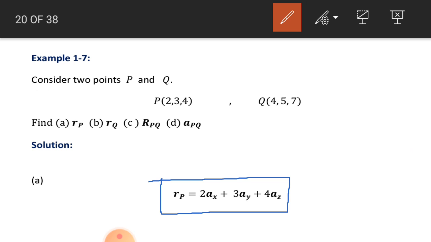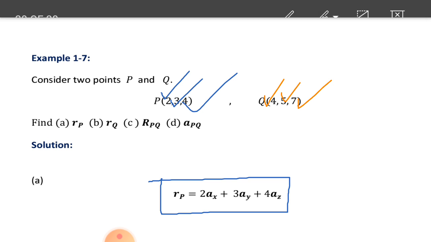So the position vector RP will be equal to 2AX plus 3AY plus 4AZ. We calculate RQ, the position vector RQ. So definitely the position vector RQ will be equal to 4AX plus 5AY plus 7AZ.